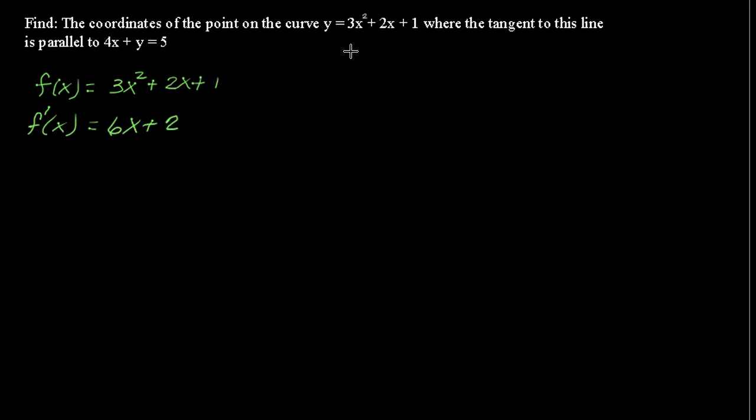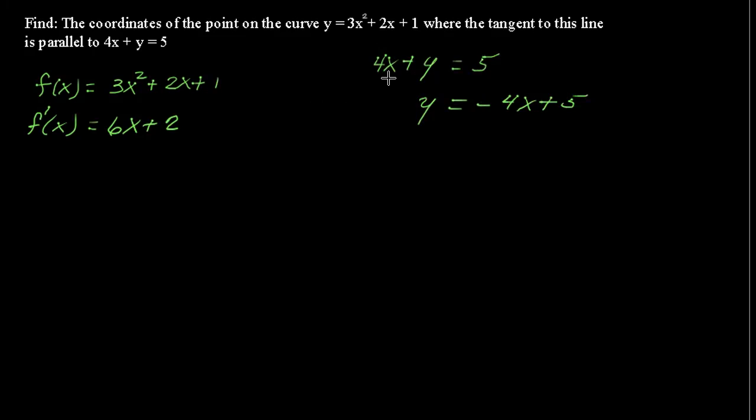So what I do know is that the line is parallel to 4x plus y is equal to 5. So when I rewrite that in the slope-intercept form, when I take this 4x over here, it'll become minus 4x plus 5.